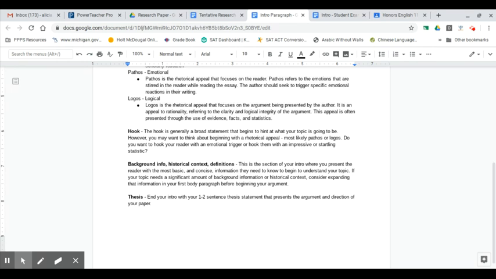This is the section of your intro where you present the reader with the most basic and concise information they need to know to begin to understand your topic. If your topic needs a significant amount of background information or historical context, then you're going to want to consider expanding that information into your first body paragraph before you ever begin your argument.